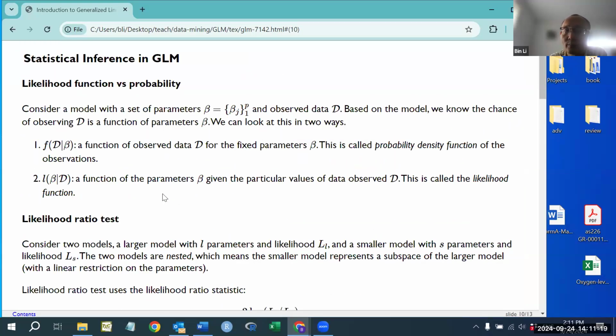Now before we talk about statistical inference, we know that the GLM is estimated through the maximum likelihood estimation approach. Okay, and you will see that we will do the likelihood ratio test for the statistical inference and model comparisons in the GLM. So you can see there's a common word which appears very frequently in the GLM.